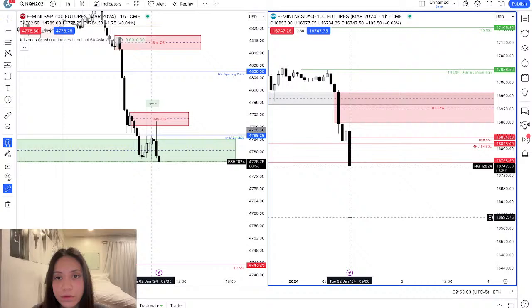We also didn't tap into this 1 hour fair value gap yet on NQ. It looks like we did, but it sort of left a tick. So we haven't tapped into there yet.